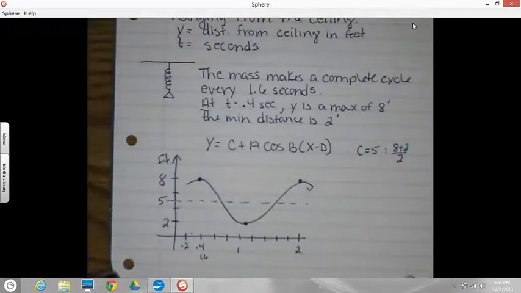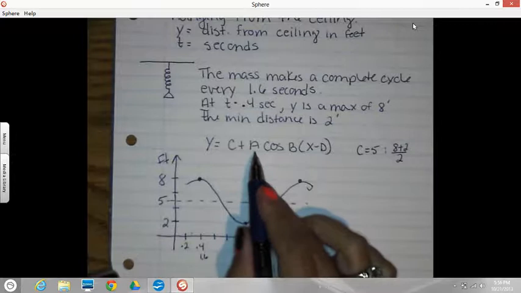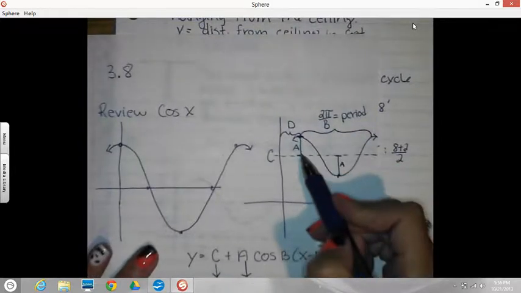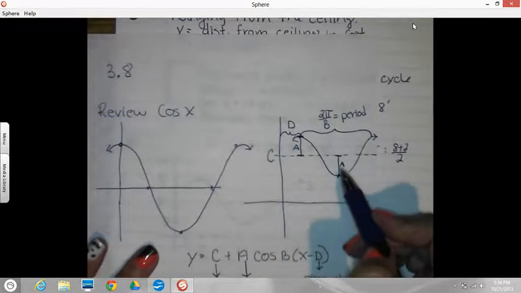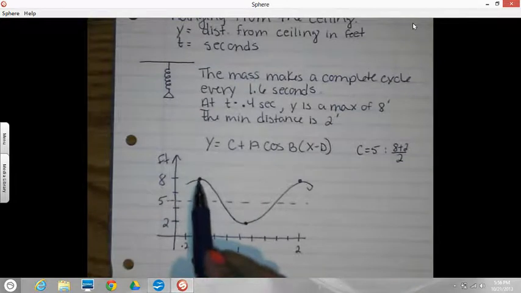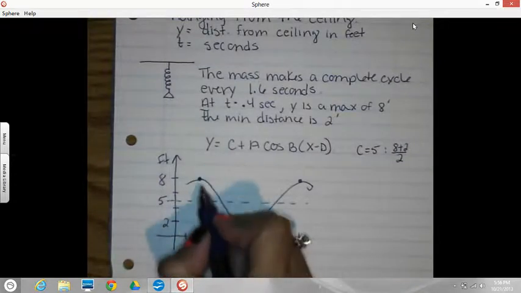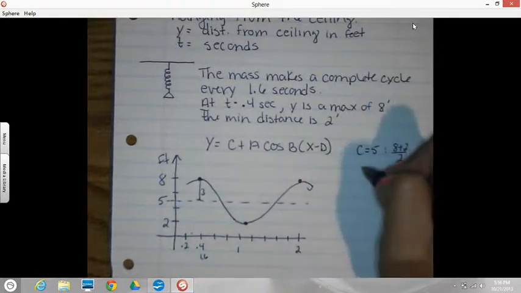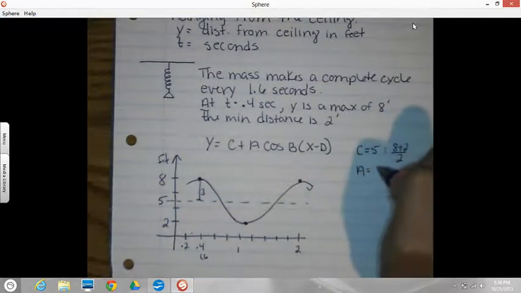Okay. Now the A is your amplitude. Remember, amplitude is the distance from the max to the axis or the axis to the min. They're going to be the same thing because that axis is right in the middle. Well, 5 to 8, that's a distance of 3. So your A value is a 3.